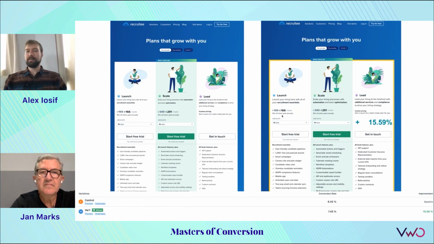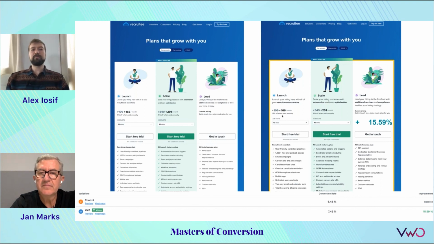This also caused an about 16% improvement. And it was really surprising to everyone, because we were thinking, how could such a small change work?